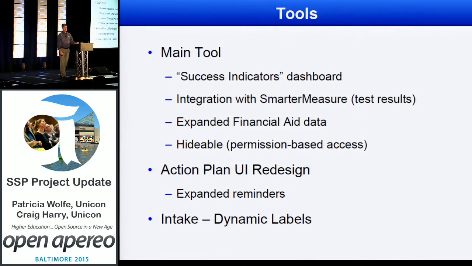Previously with the permission structure, the main tool was available to just about every role. We've now made it where you can turn that off, and that was brought up due to some FERPA questions that some schools had. So there's much more flexibility now in which tools display or not display.